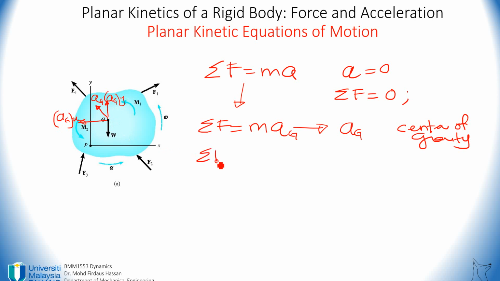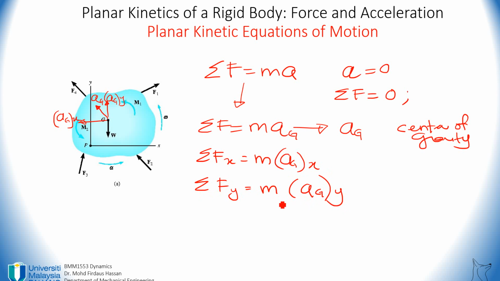So the summation of force in x is m a_G in x, and the summation of force in y is m a_G y. Easy, right? Likewise for a force, for example force 1, you can split it into F1 x and F1 y. Then you can solve the problems.